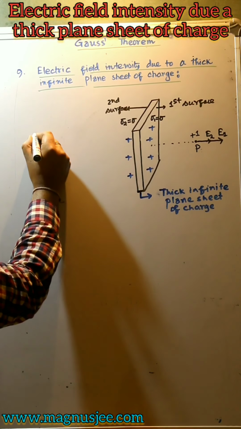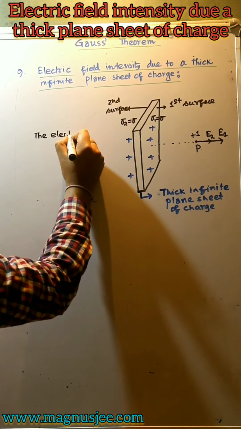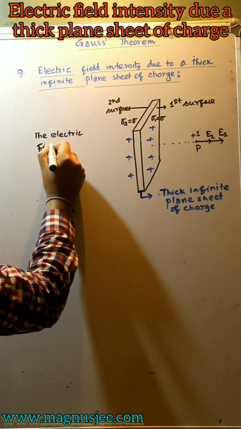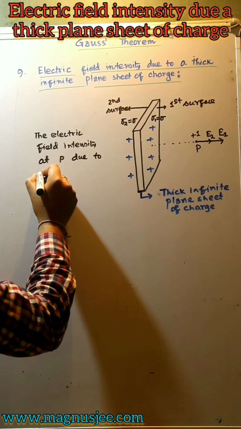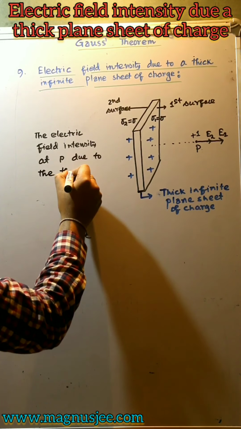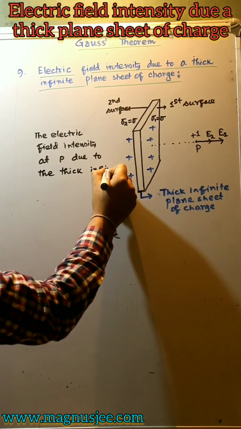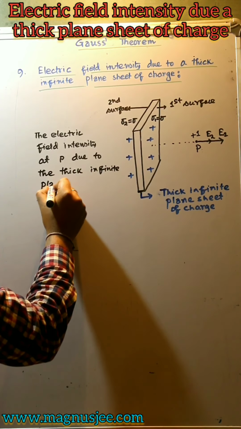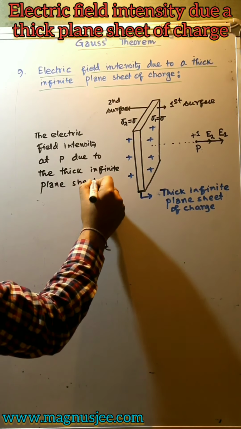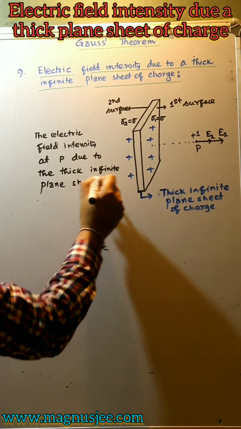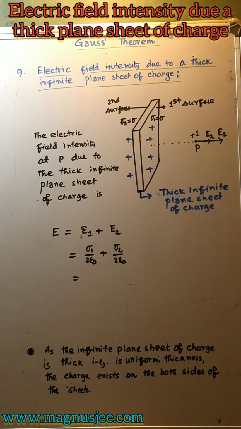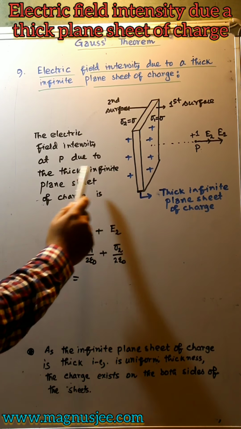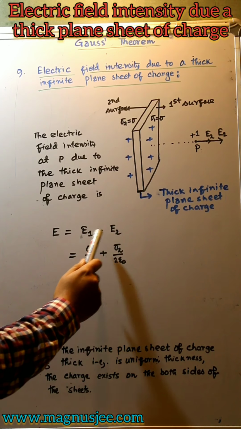So hence we can say that the electric field intensity at P due to the thick infinite plane sheet of charge is given by E equal to E1 plus E2.